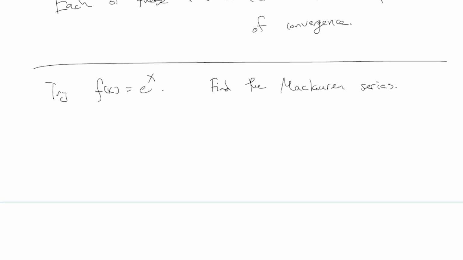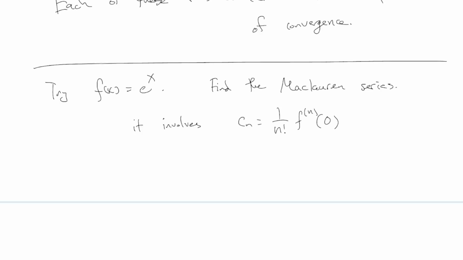And this one is particularly easy to do. You'll see why. This involves taking the derivatives over and over again, right? It involves doing Cn equals 1 over n factorial times f, the nth derivative, plugging in 0. That's sort of what we have to do one by one.